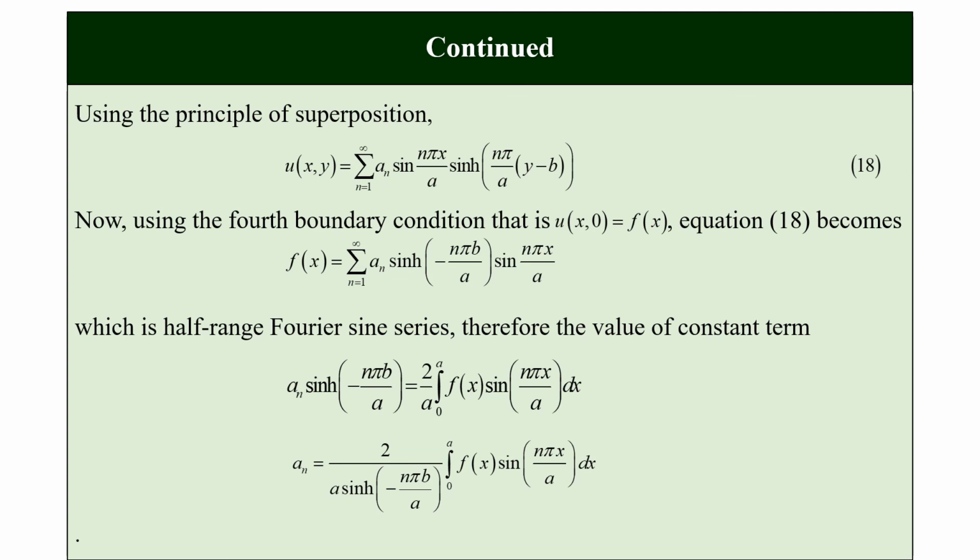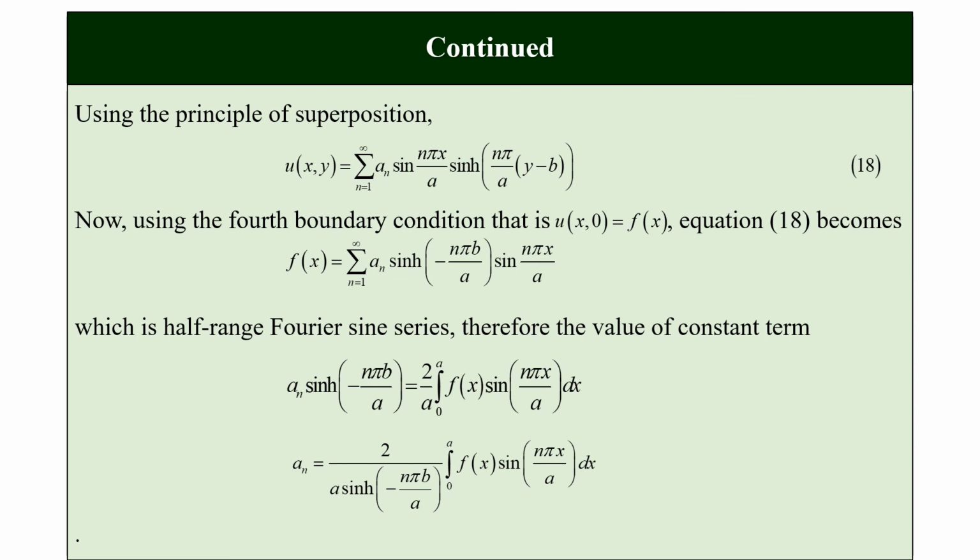So equation 18 implies when y is equal to 0, the value of u is f of x, so we have summation n varying from 1 to infinity an into sine hyperbolic n pi b upon a with negative sign into sine n pi x upon a, which is the half range Fourier sine series, and the value of this constant term is given by this integral, where the value of an is equal to 2 upon a into sine hyperbolic minus n pi b upon a into this integral.